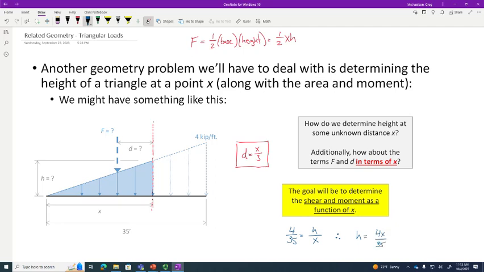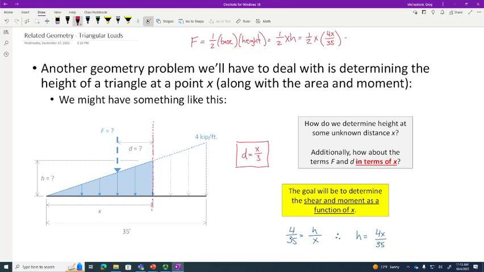And for the sake of discussion, we're going to assume everything is in consistent units, so I'm not going to get too worked up over making sure all my units are written here, because everything's going to be in a consistent unit system. So what I can do is say, all right, I've got 1/2 x, and then instead of h, I've got 4x over 35.